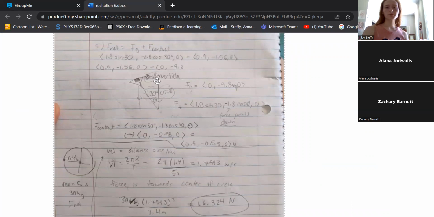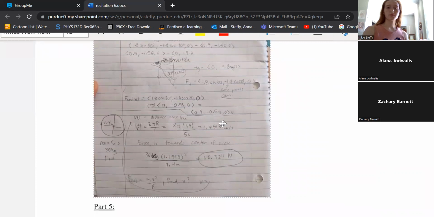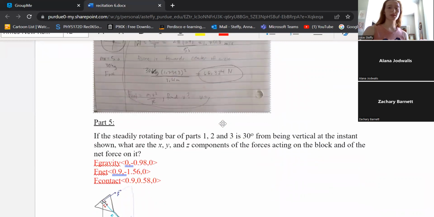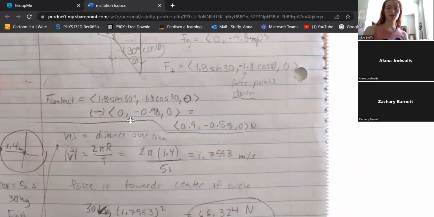If this is the angle of 30 degrees from vertical and this is the 90 degrees, this tensile force is acting downward in the y direction, not upward. The y component should be negative. Does that make sense, or do you disagree with that? Or does it change later on? Did I miswrite it?